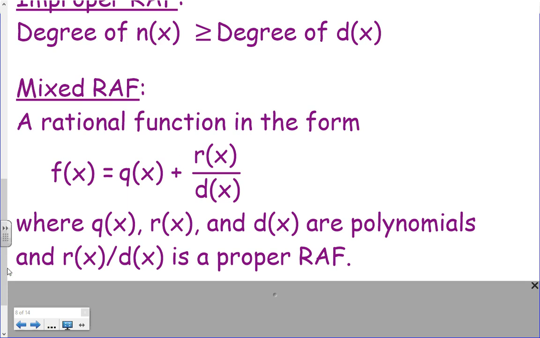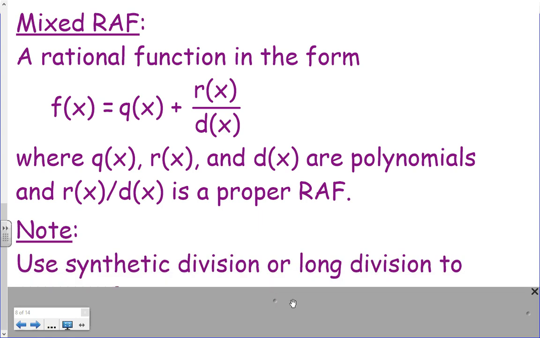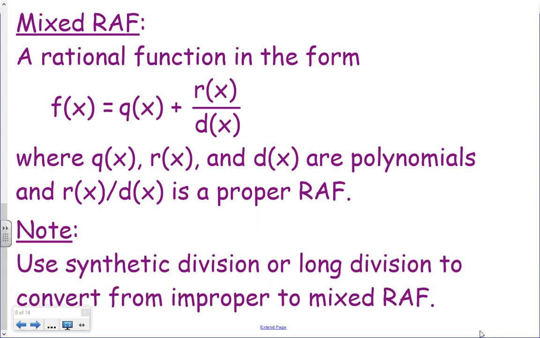If you're trying to convert between these two, then you can use synthetic division or long division in order to convert from an improper rational algebraic fraction to a mixed rational algebraic fraction. The goal here is we're trying to get that to be a proper fraction, or to involve a proper fraction. So if it's improper, we'll use division to help us get that fractional part as being a proper fraction.